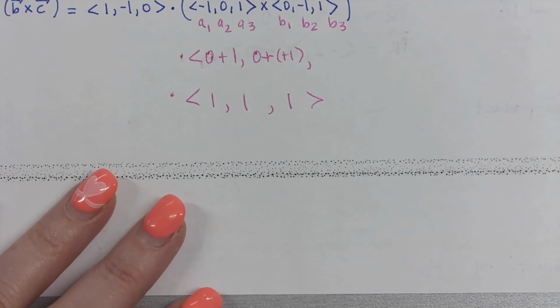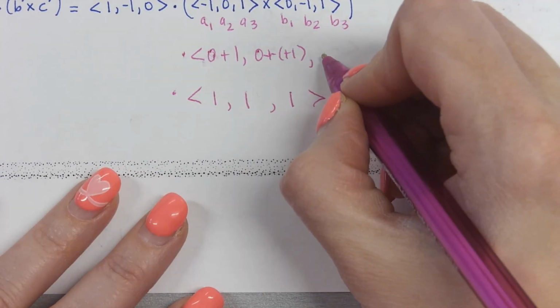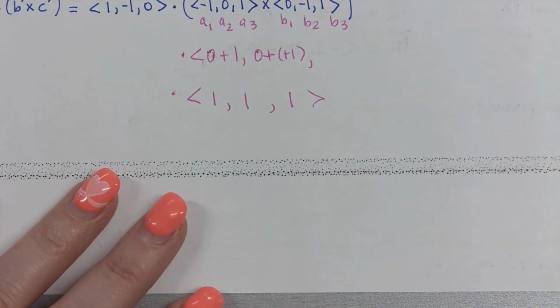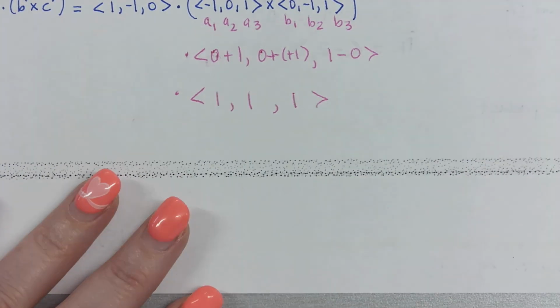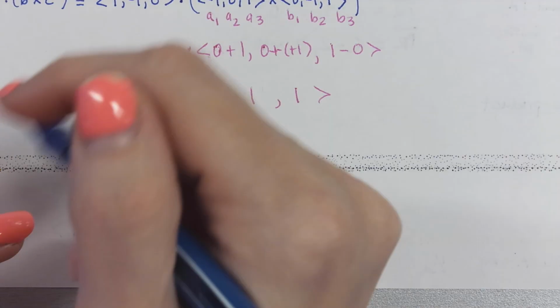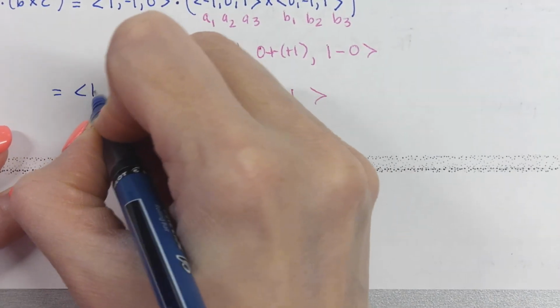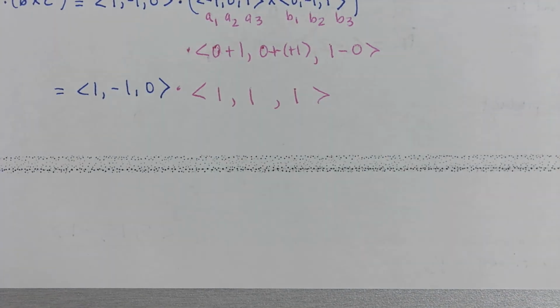So you do the a sub 1, the b sub 2. The negative times the negative, you just get a positive there. And then you multiply everything by 0, you'll have 0. Okay, good. So now we just have to do our dot product. We have 1, negative 1, 0. Remember when we did our dot product yesterday?